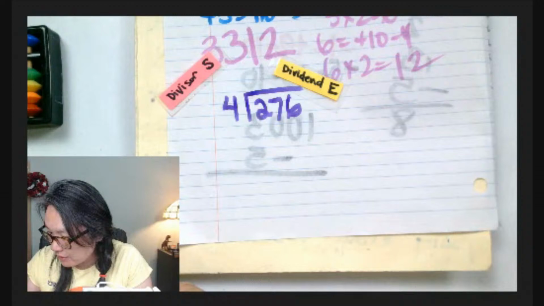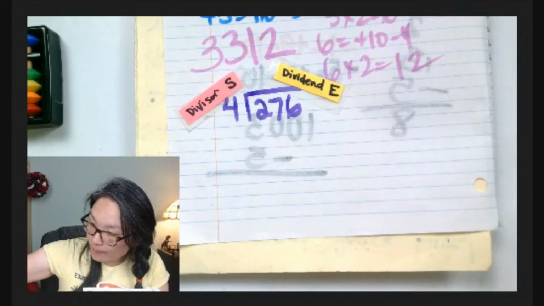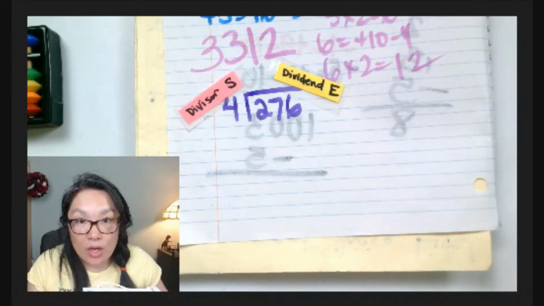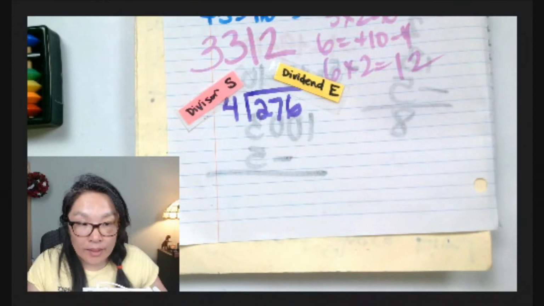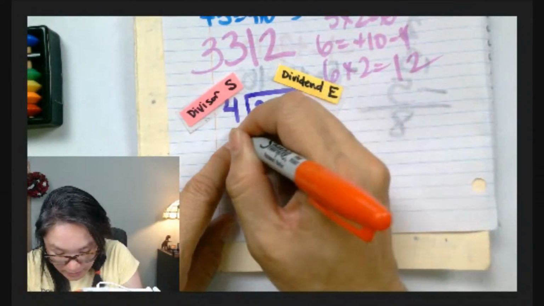So when we're looking at the dividend and divisor, we're going to be comparing apples to apples. As we compare apples to apples, we only compare to the one digit. Wait a minute.